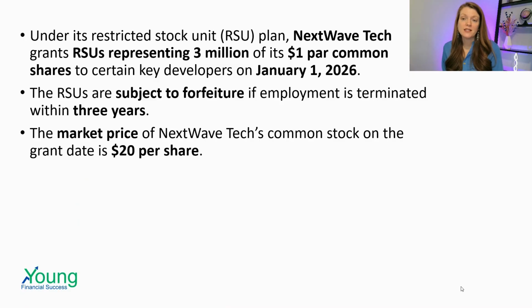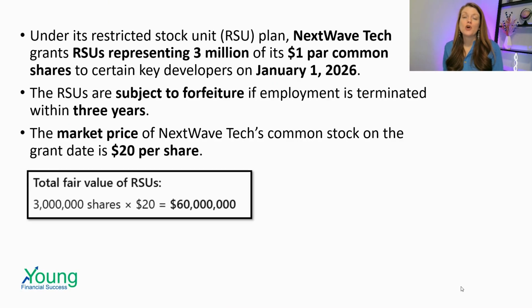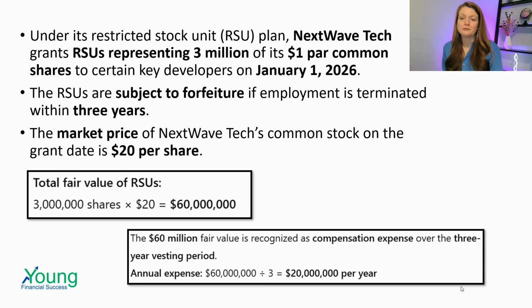The market price of Next Wave Tech's common stock on the grant date is $20 per share. So the total fair value of these restricted stock units, 3 million shares times $20 per share, we have $60 million. That is the fair value.